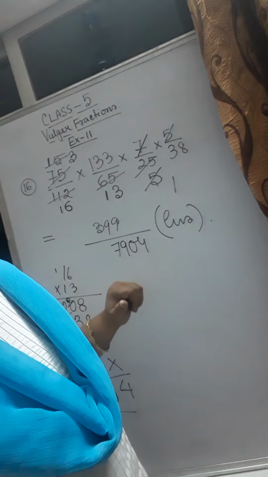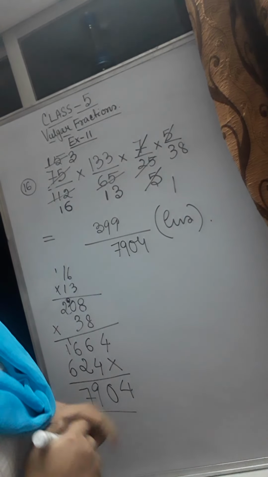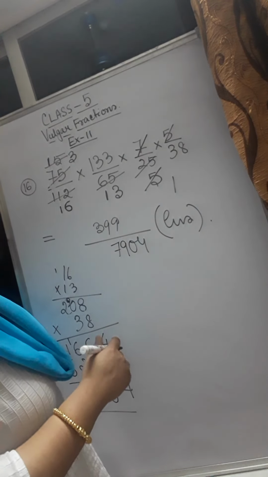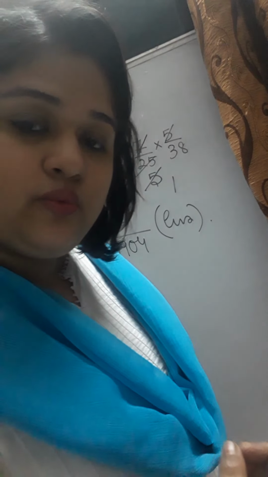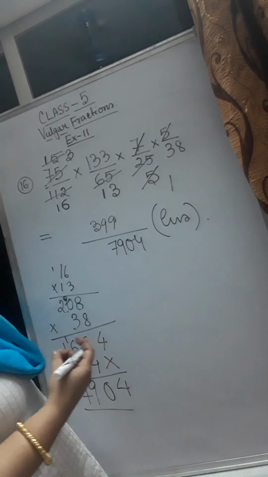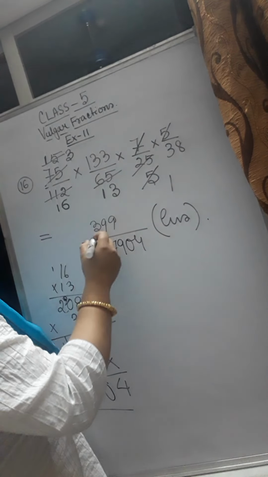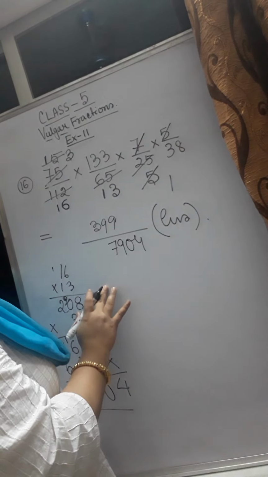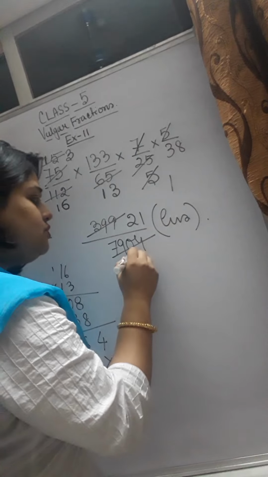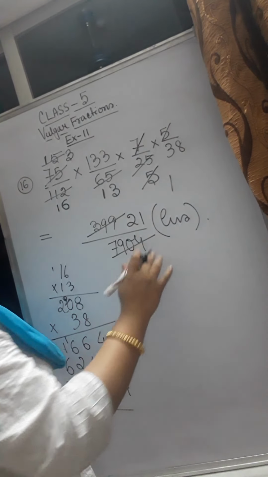But I checked afterwards and I found that when you get such big numbers, you need to try to divide them with certain numbers whose table you might not always remember, like the table of 17, 21, 23, all these numbers. So I started with division and I found that 19 can divide both the numbers. 19 into 21 gives you 399 and 19 into 416 gives you 7904.